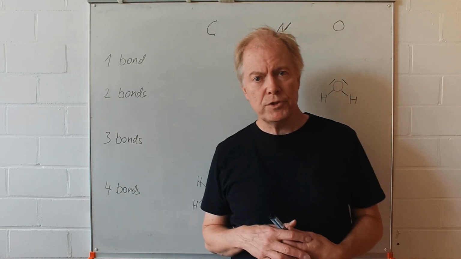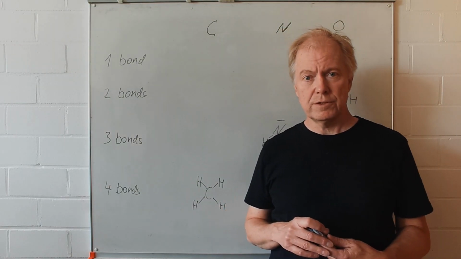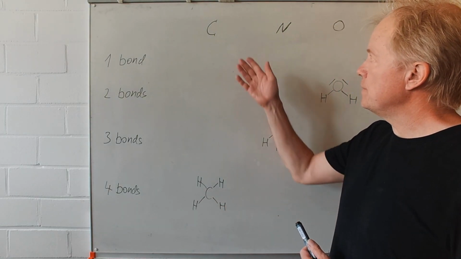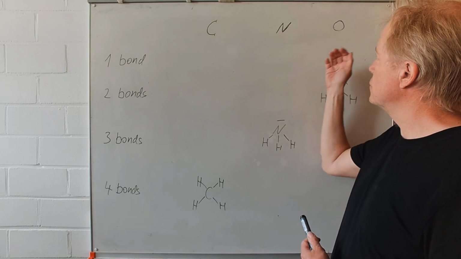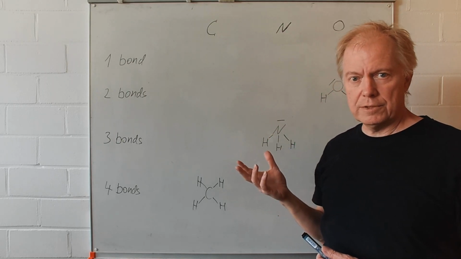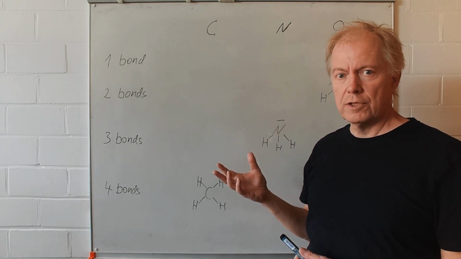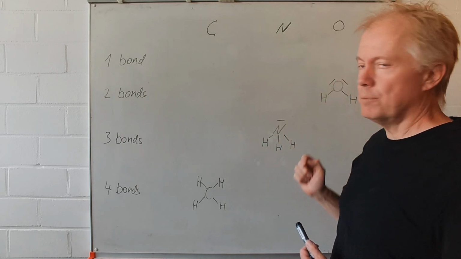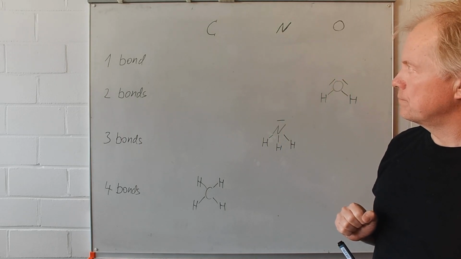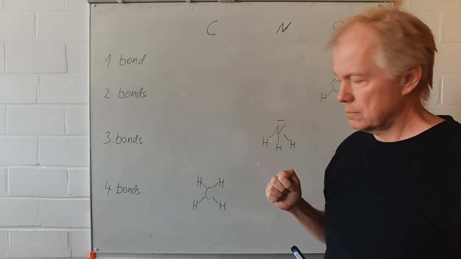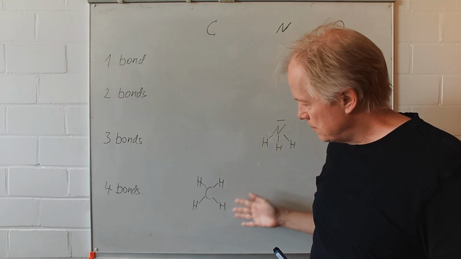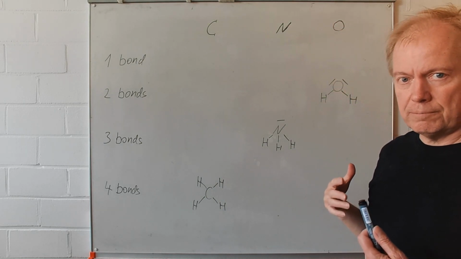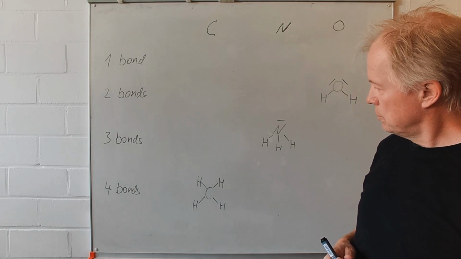In today's episode of Chemistry Made Simple, we will construct a scheme where we have carbon, nitrogen and oxygen as elements, and we will ask the question, how many bonds do those elements typically have? From carbon, we know CH4 is a stable molecule, the methane molecule.